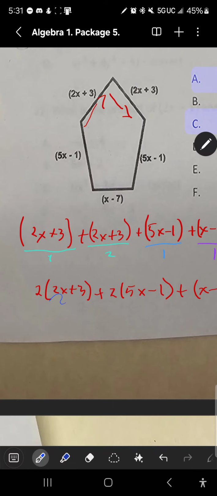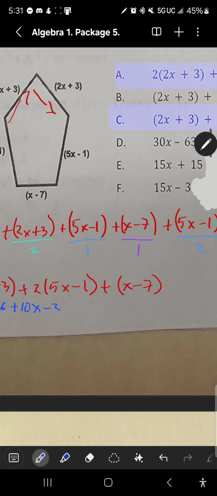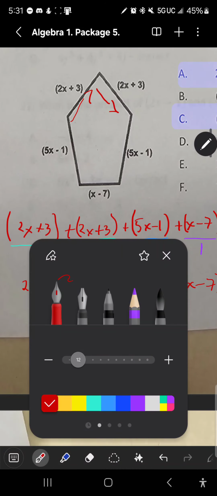Okay, 2 times 2x is 4x, 2 times 3 is 6, plus 2 times 5x, wait, 2 times 5x is positive 10x, then 2 times negative 1 is going to be negative 2, and then we just keep this as it is, a positive sign. We just keep the sign of the values. So x is positive and 7 is negative.